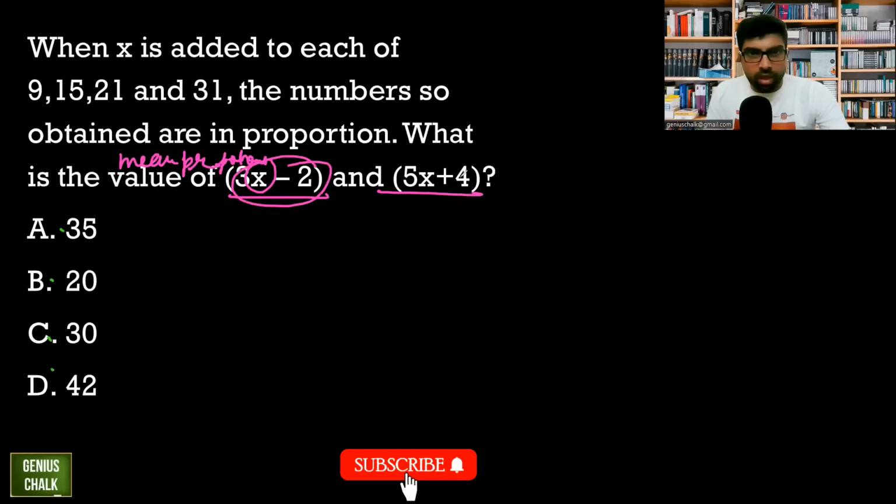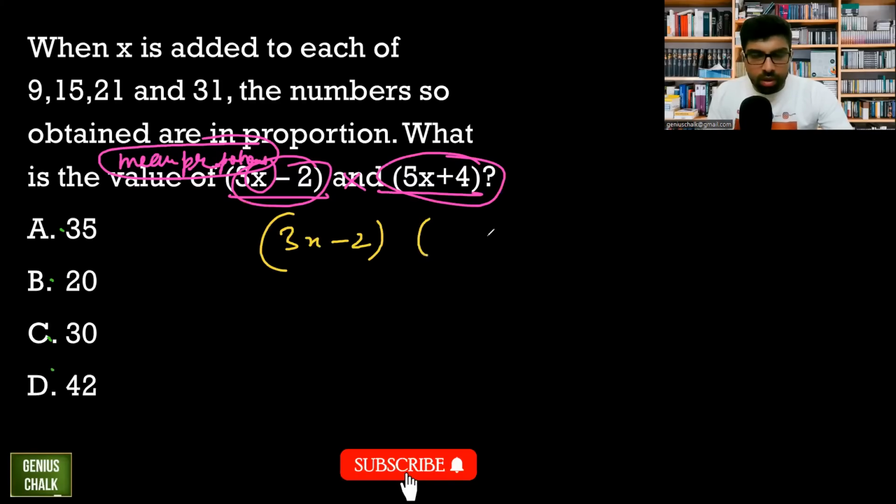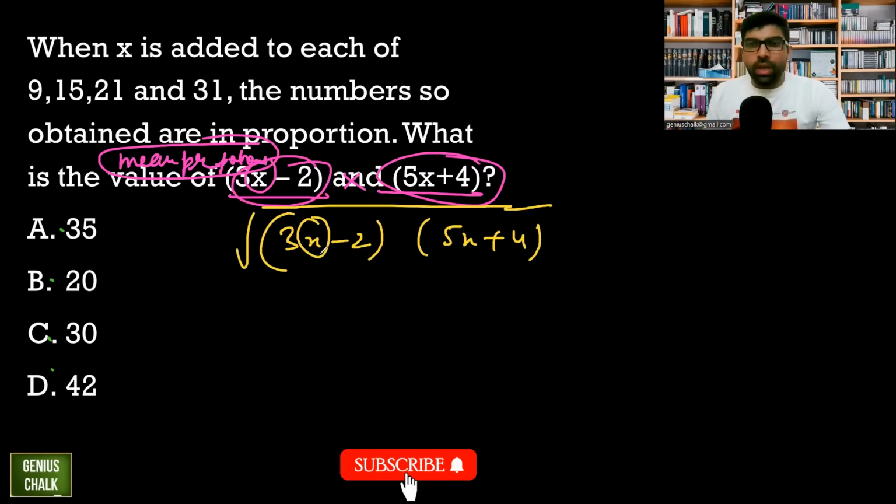Because we can't put in values except with this mean proportion. We can't multiply them without the mean proportion. So change the question: find the mean proportion of this. So it is the square root of 3x minus 2 and 5x plus 4, and this is a square root. Which value of x can I give to get my answer? Just think logically. X will not be a higher number. It must be 1, 2, 3, 4, 5.